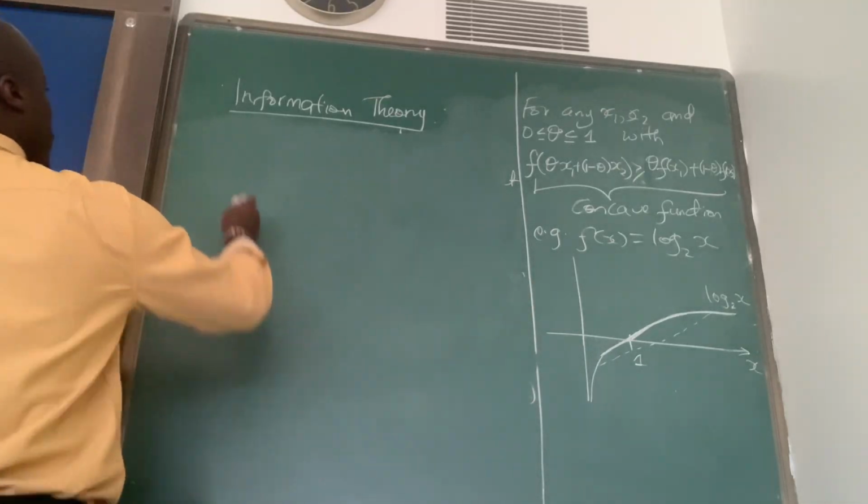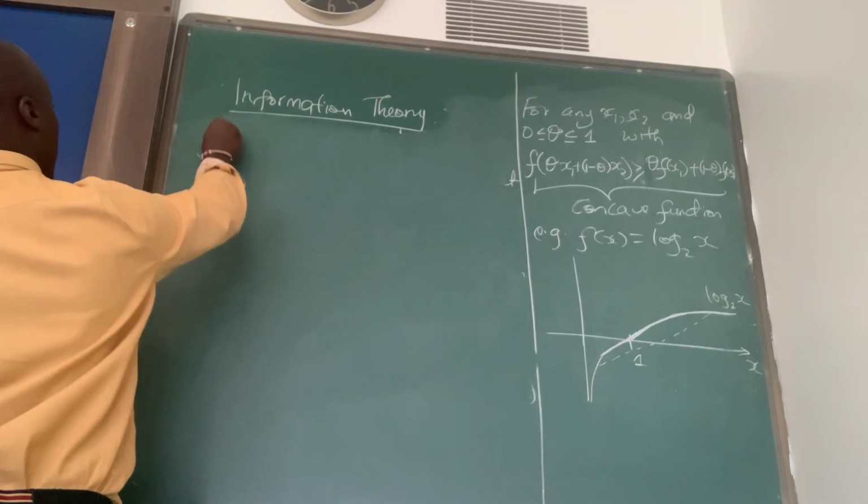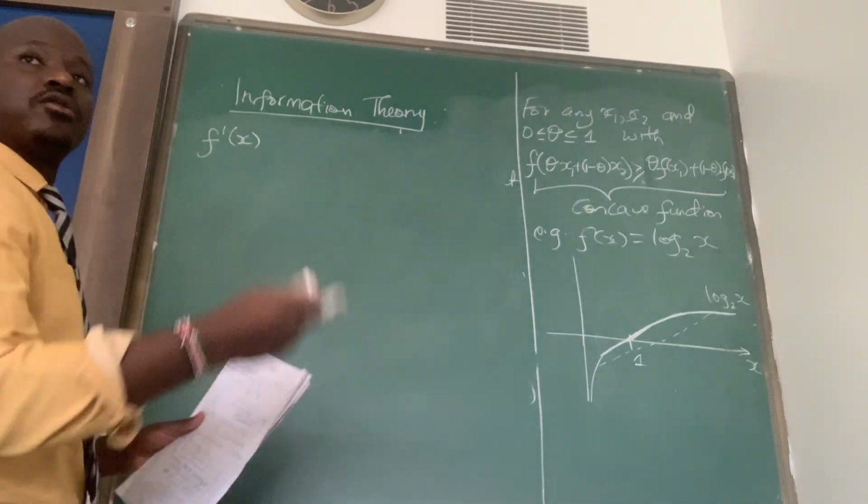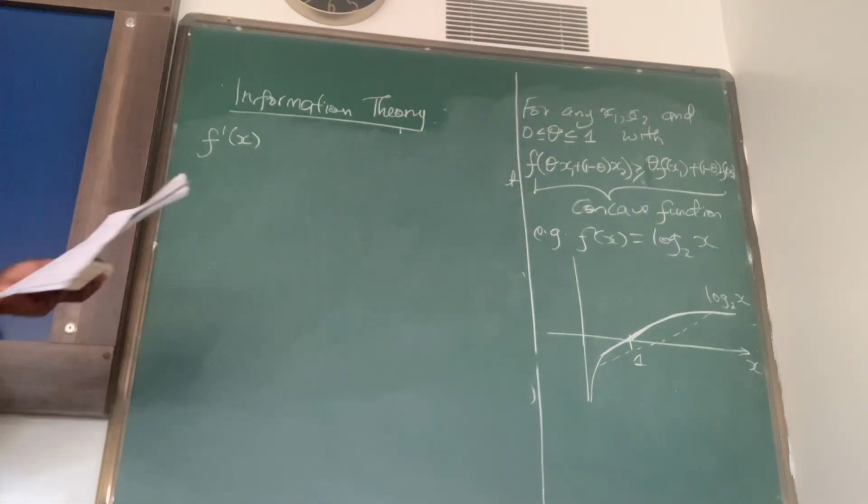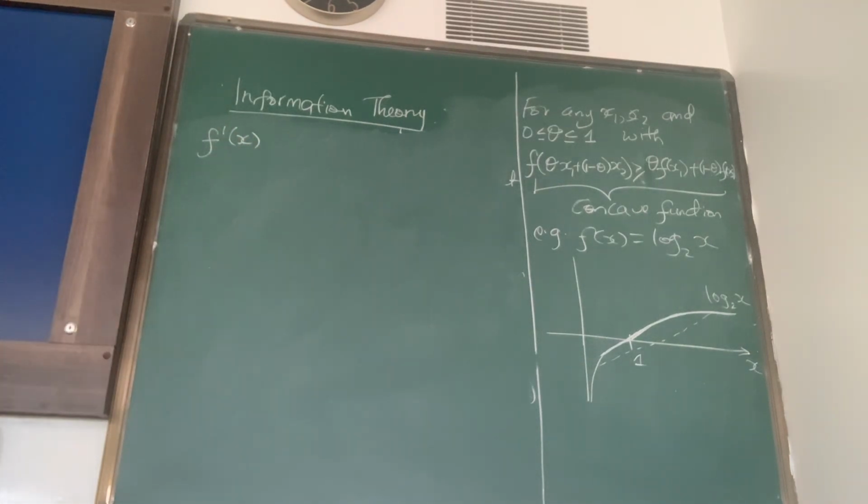So you can show that with the second derivative test, which means I can write my function. If I differentiate f of x, log to base 2 of x, what's the derivative? What's the derivative of a log? That's a natural log, yeah?